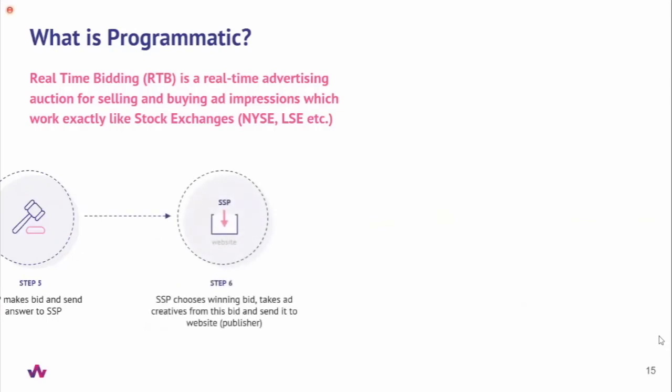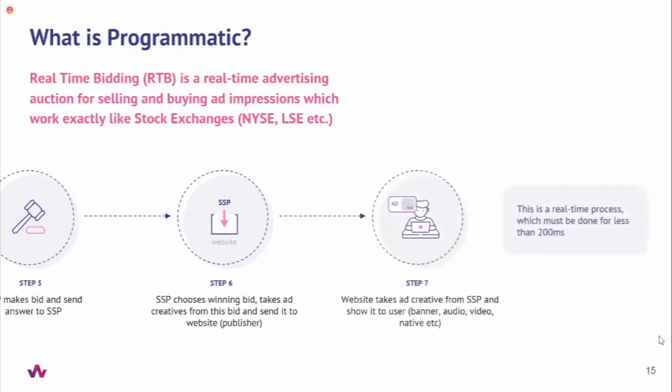When the SSP, the supply side platform which runs the auction, gets all these bids, it chooses the winner, gets the ad creatives from the winner's DSP platform, and sends this advertising creative to the website and shows it to the user, who just 200 milliseconds ago opened the website.